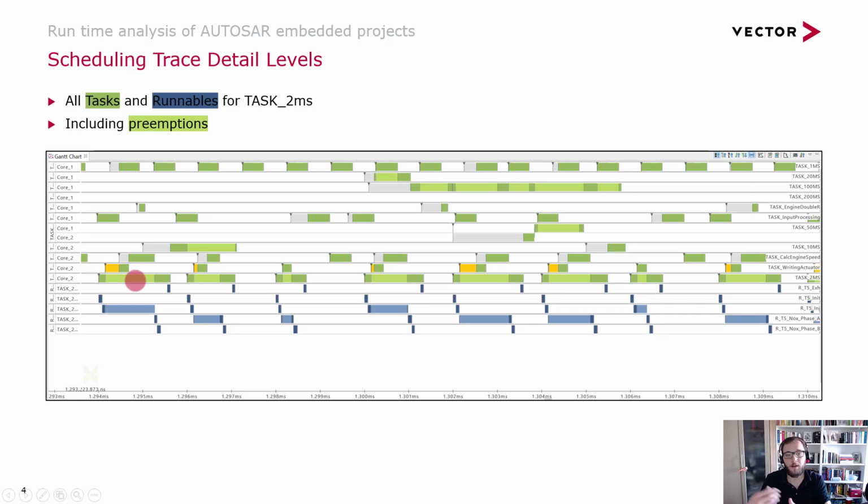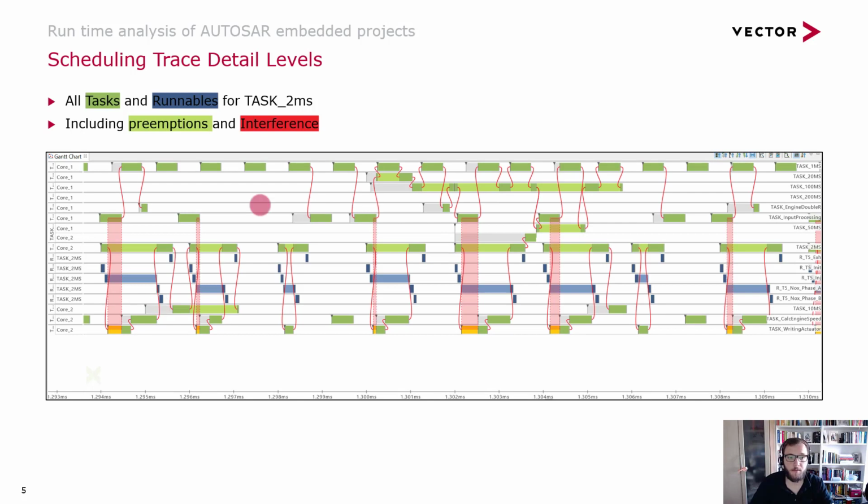Since it's a little bit hard to follow who is preempting whom in this picture, you can also run interference analysis, and if you do that, you will get a picture like this. Now you can see that we have these red lines in the same picture as before, and these red lines indicate whenever a task is interfering with another one.